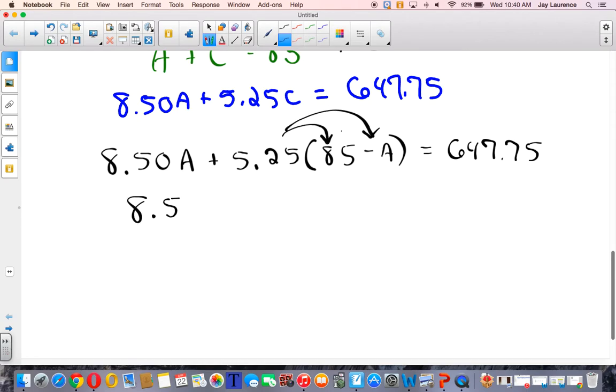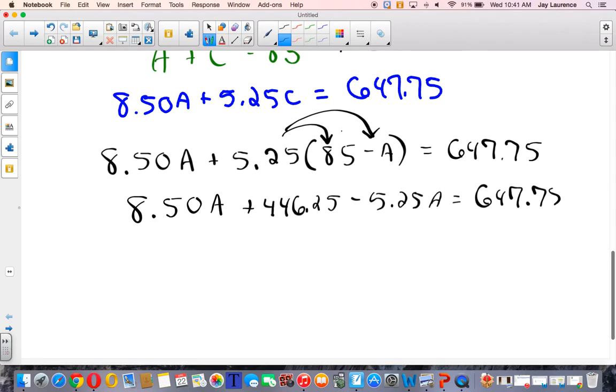So it's 8.50A plus, let me see here, 5 1/4 times 85 is 446 1/4 minus 5.25A. That equals 647.75. All right, going to combine like terms, and I'm going to get 3 1/4 A.